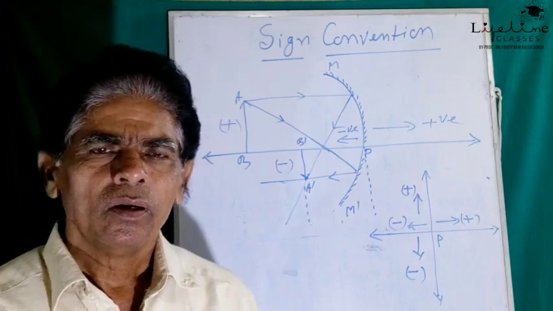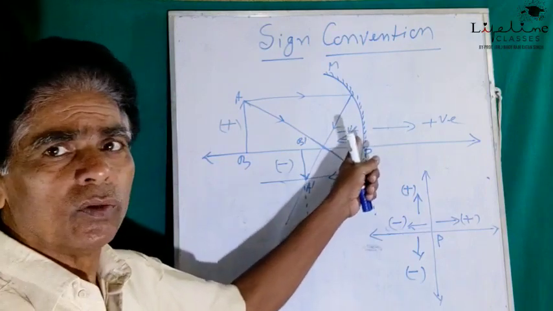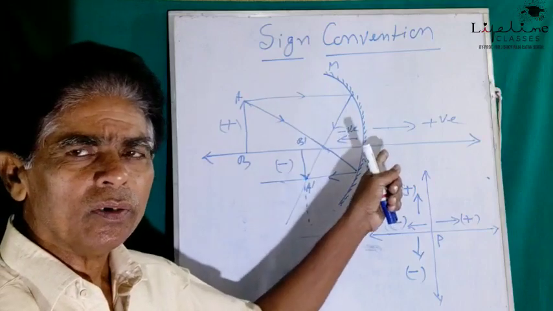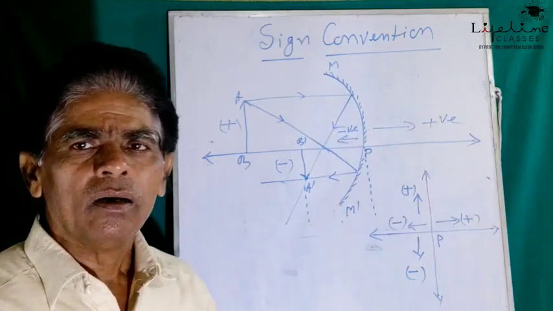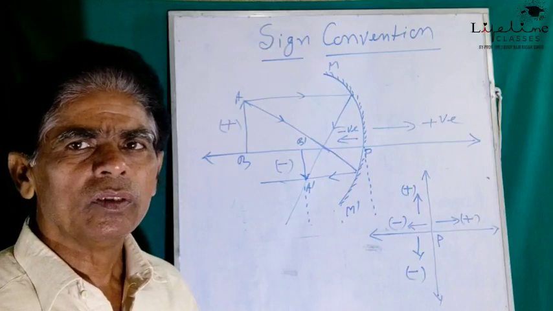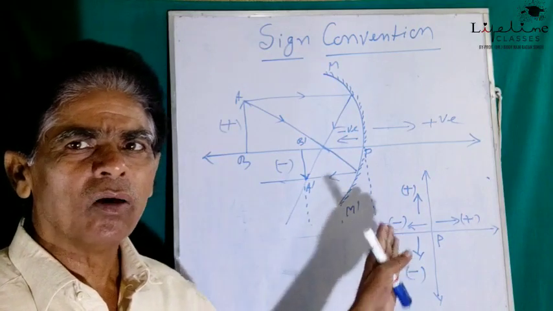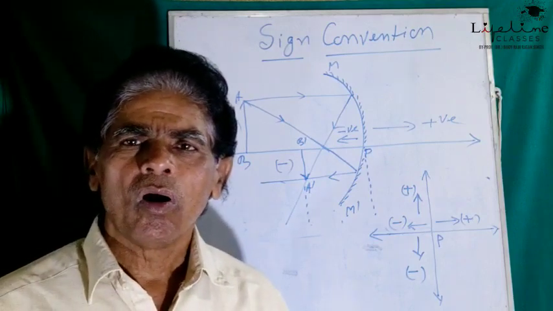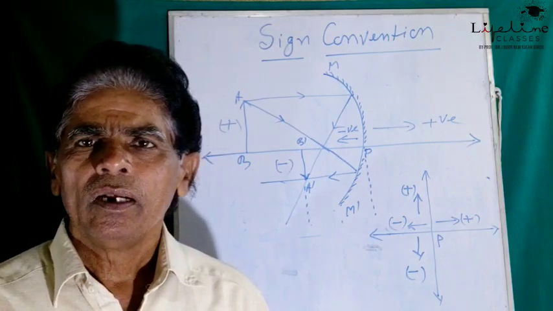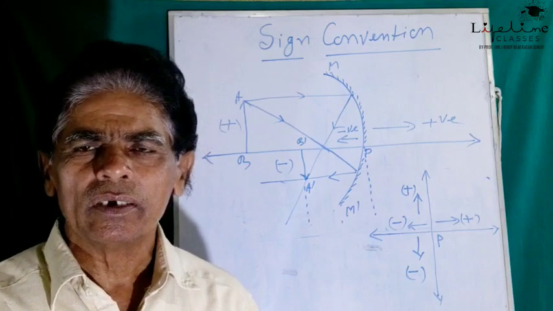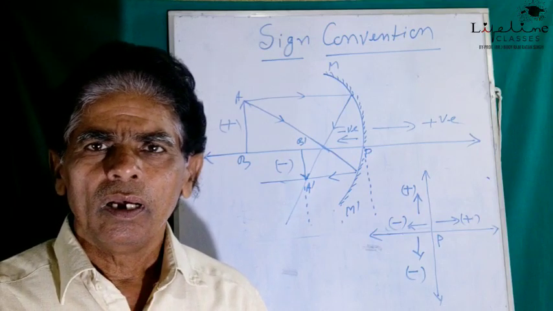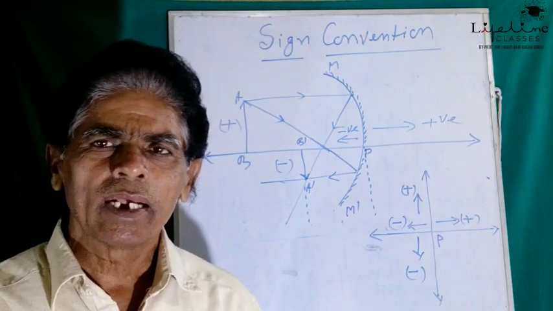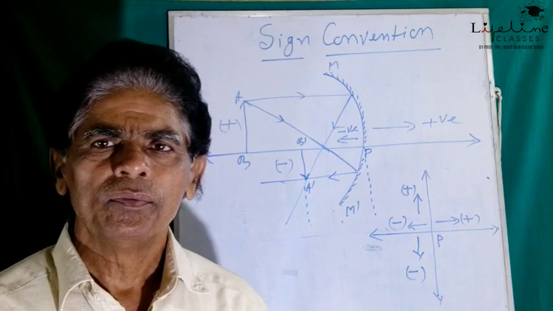Next point is all the distances measured with respect to the pole to the right side of the pole are taken positive, or you may say that the distances measured in the direction of incident rays are taken positive.